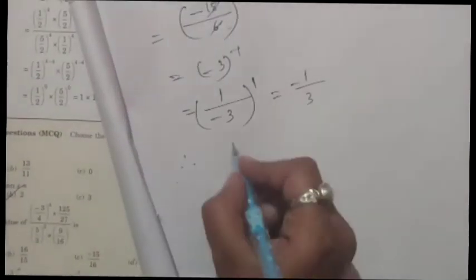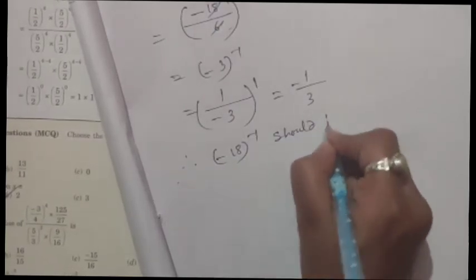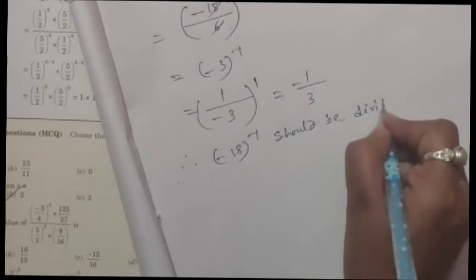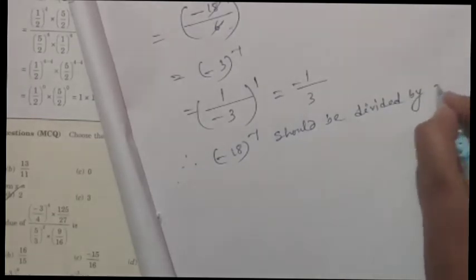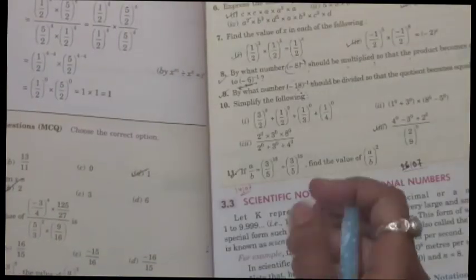So minus 18 to the power minus 1 should be divided by minus 1 by 3.